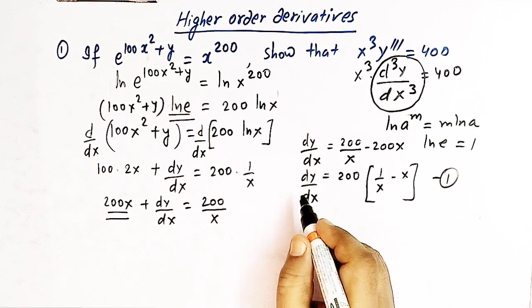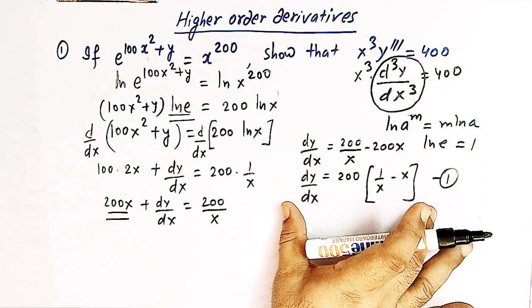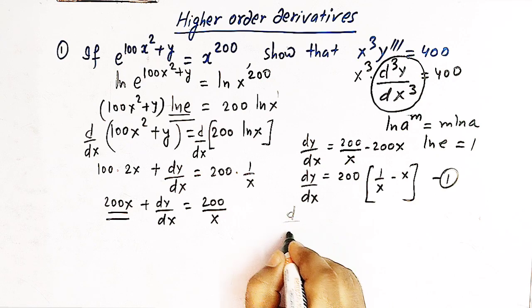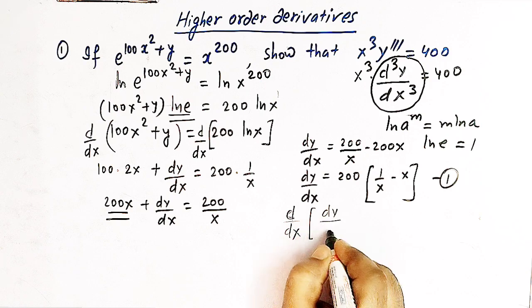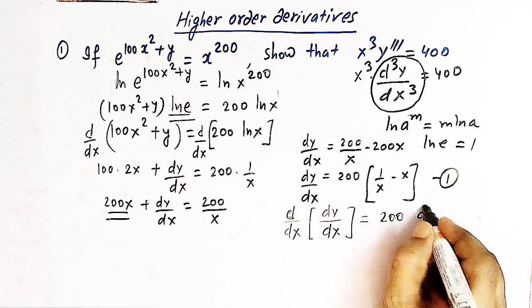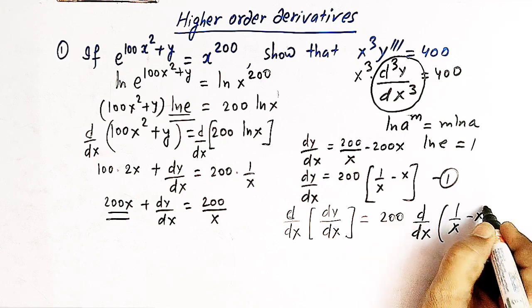Now to get the second order derivative, let us differentiate both sides with respect to x. So we have d by dx of dy over dx, and here we have 200 and d by dx of 1 over x minus x.